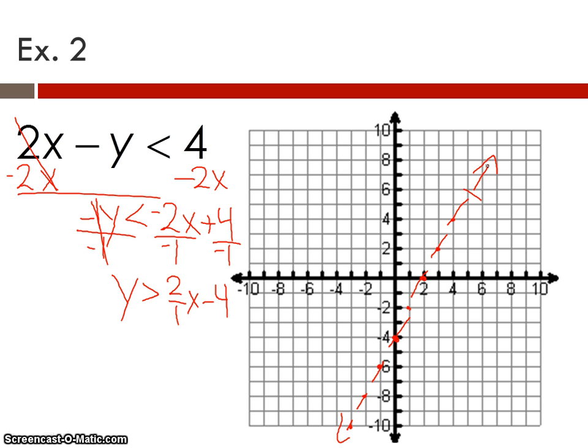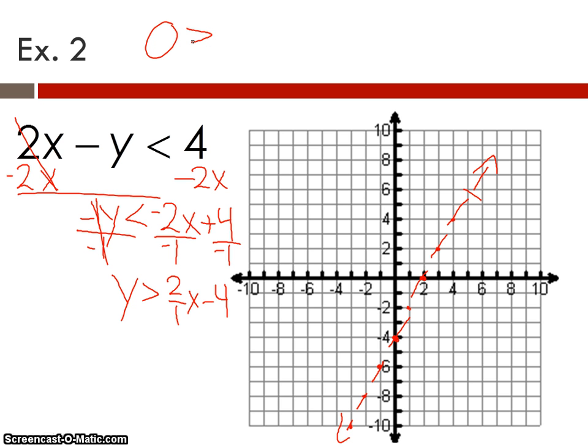Okay, I have to have a dashed line because the solution does not include the points that are on that line, and we have to understand that. But because we have y is greater than, I'm again assuming that I should shade in the region that has (0, 0) as a point. So again, that's going to be the point that I test just because I like working with small numbers.